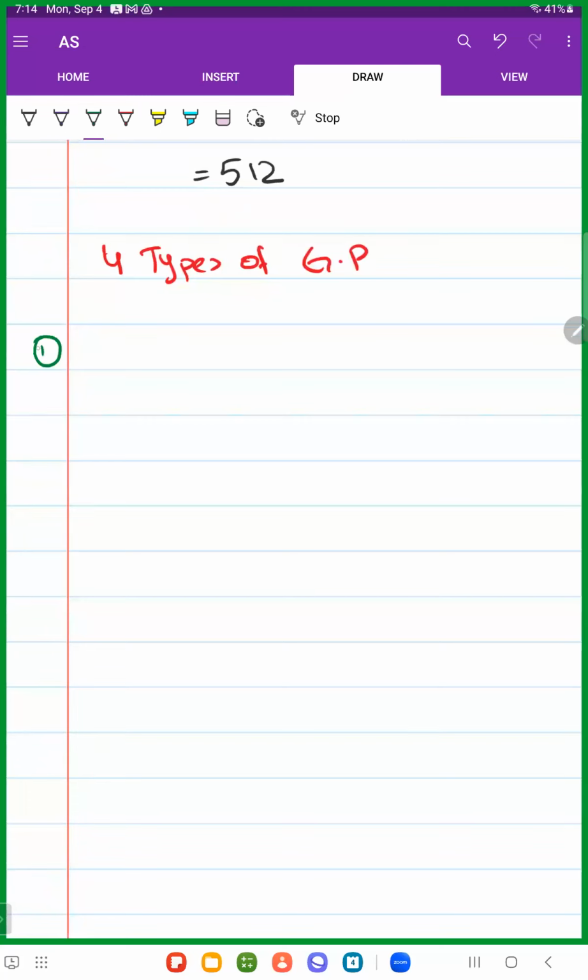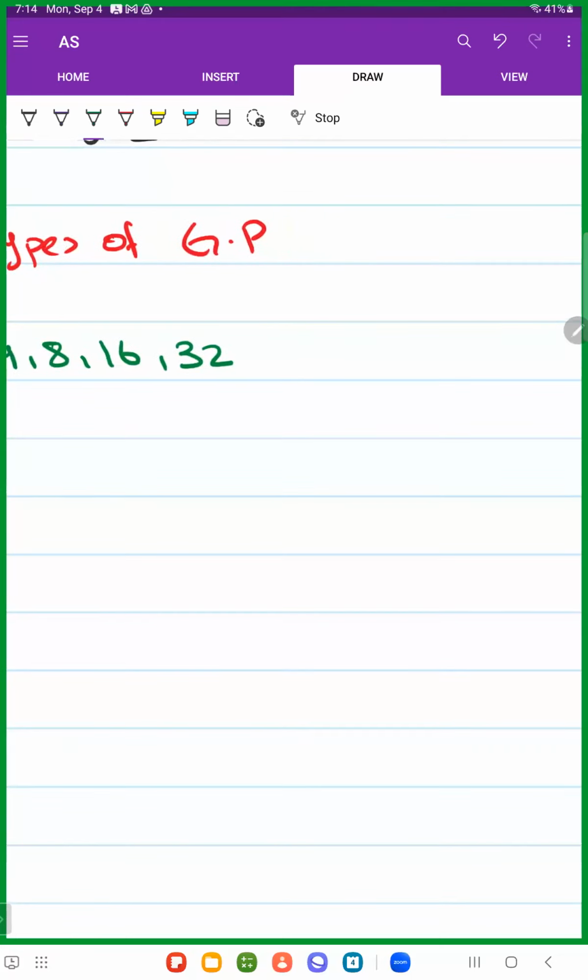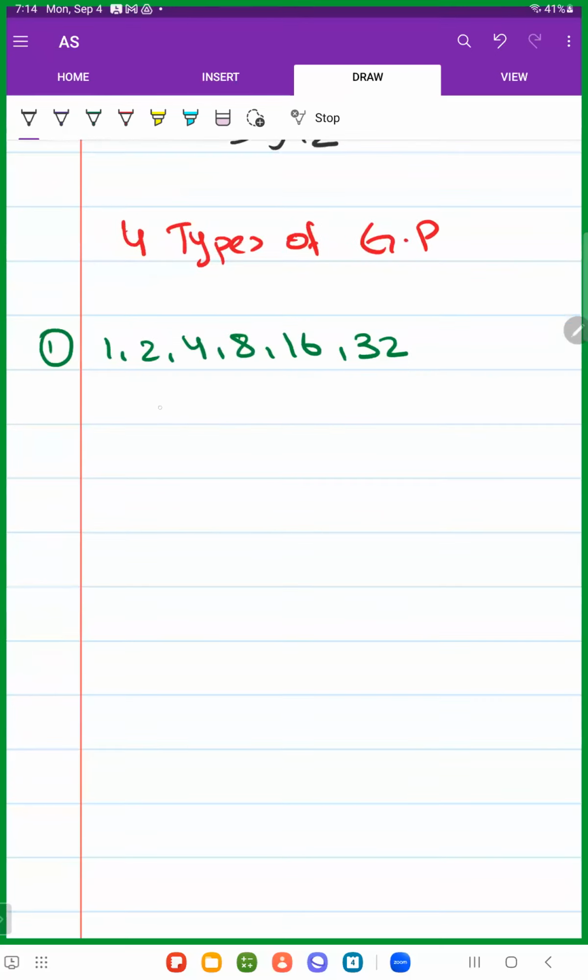The first type is what we did, where we have 1, 2, 4, 8, 16, and 32. As all of the terms are positive, the R will also be positive. So I'm going to write here: all terms positive, R will be positive. And if R is positive, then the terms will keep on increasing.